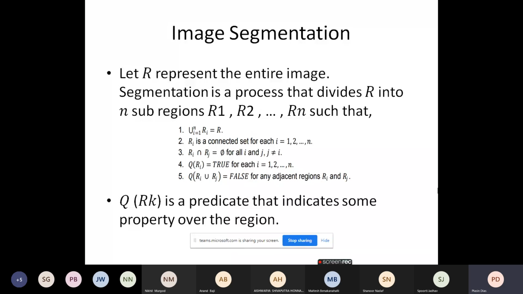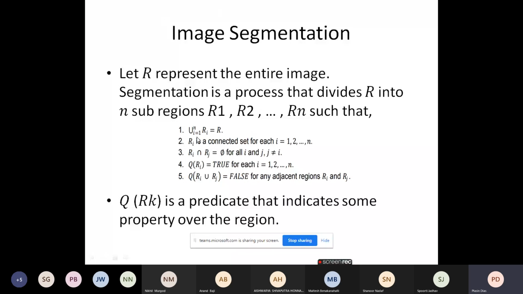Fine. So we are trying to understand what the spatial region is, how it is partitioned, and how those regions are going to behave, what properties the regions should follow.